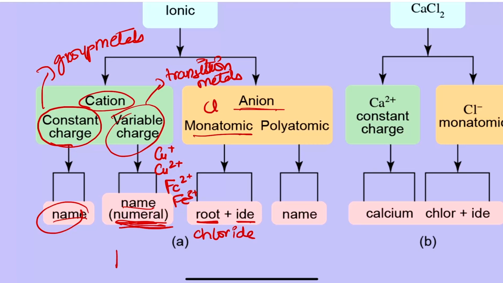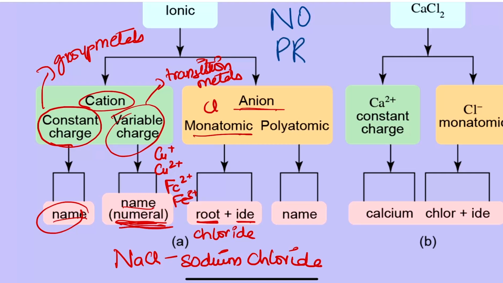So always remember sodium chloride, you can keep that in your head. There are no prefixes used for ionic compounds. That means the di, tri, tetra does not apply to ionic compounds.